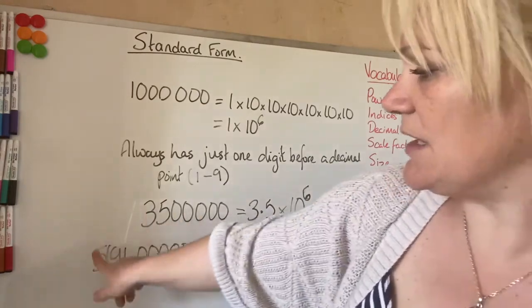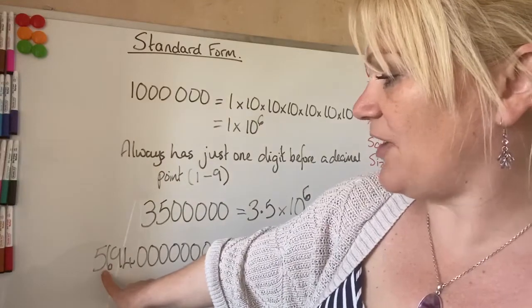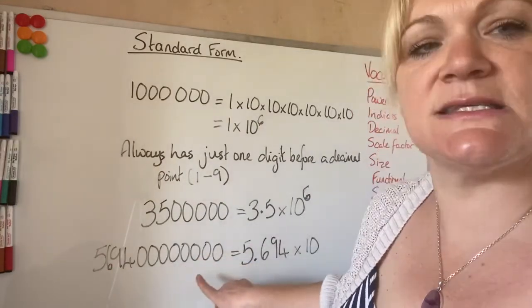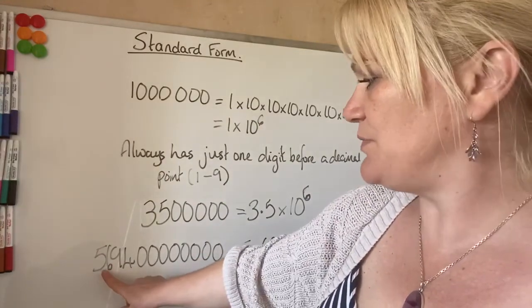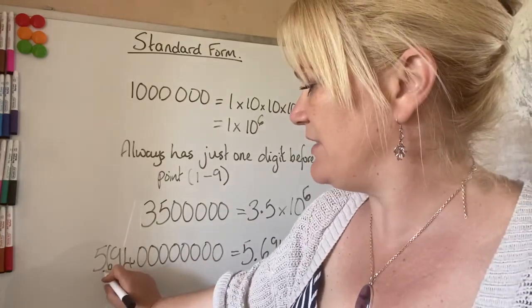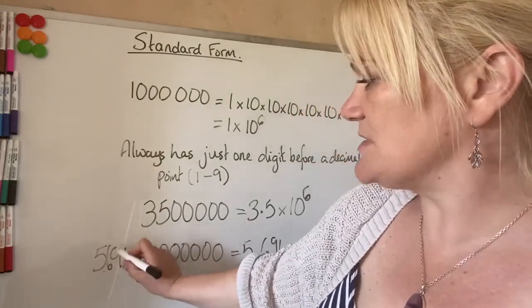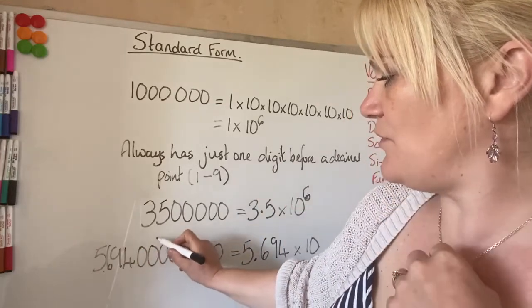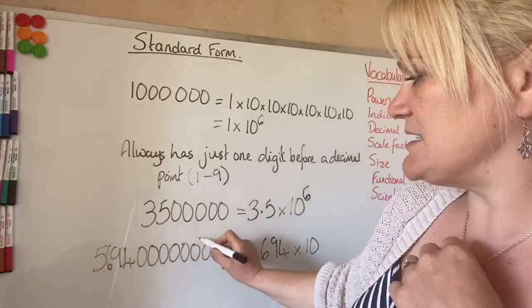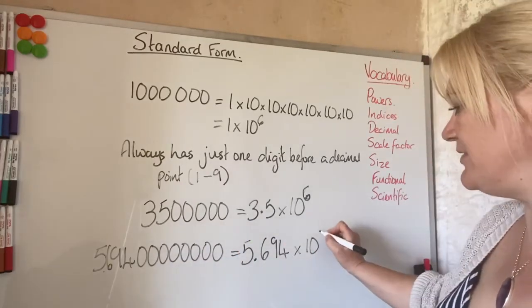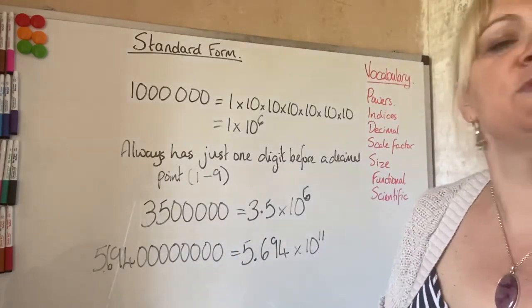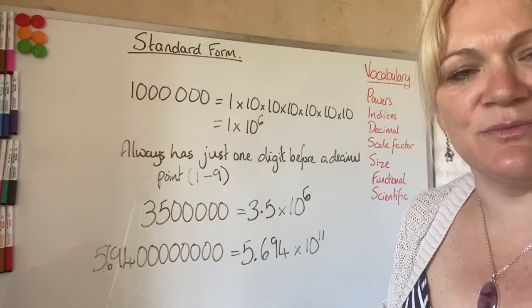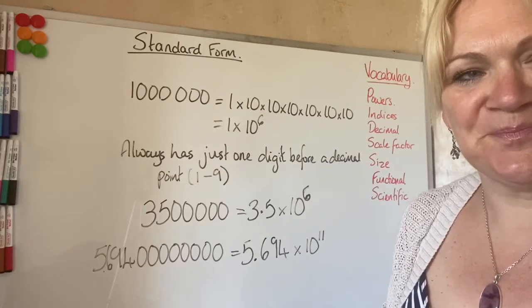How many times do we have to multiply the 5 to get it to this size number? So we've put our decimal point just there in our answer. So we're going to have times 10 once, twice, 3 times, 4, 5, 6, 7, 8, 9, 10, 11 times. So that would be our number in standard form.